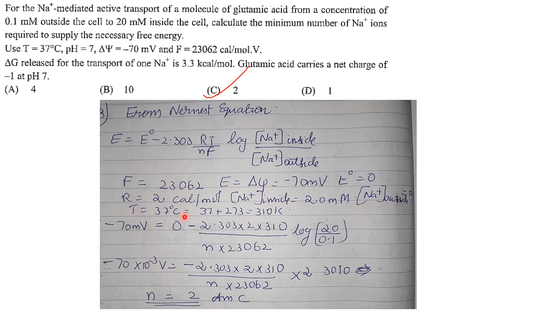T is 37 degrees Celsius. Convert it into Kelvin: 37 plus 273, that is 310 Kelvin. Substitute the values and you will get n is equal to 2. n is what they have asked. So answer here is option C.